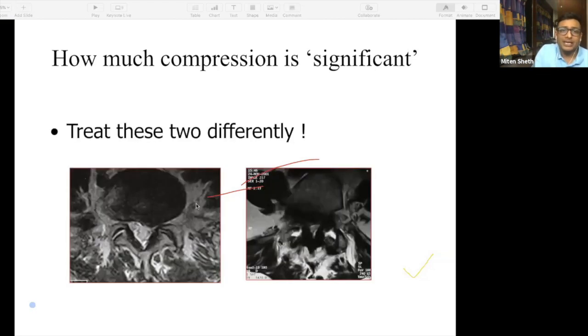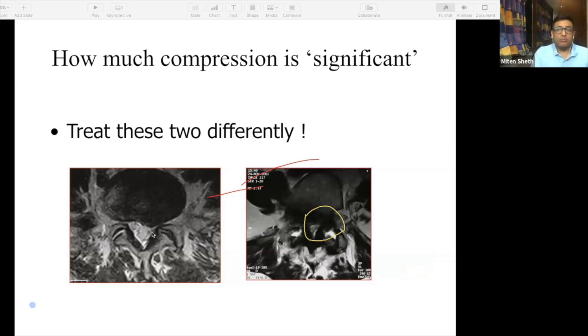Understood? If you see these two MRIs, here you can see there is compression of the central canal and there are loose facets. Whereas here the central canal is good enough, the facet joints are good enough, but you can see that there is a disc which has come back out, and this is causing compression.